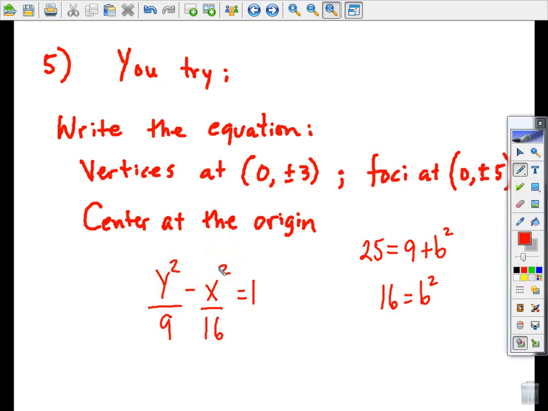That's a common mistake. Yeah, that you wrote the equation, but you switched them. Anybody? You did? Did you understand it now? Okay, question. So how do you know which one to use? It's based on the vertices. We must be crossing the y-axis. And so y needs to come first.